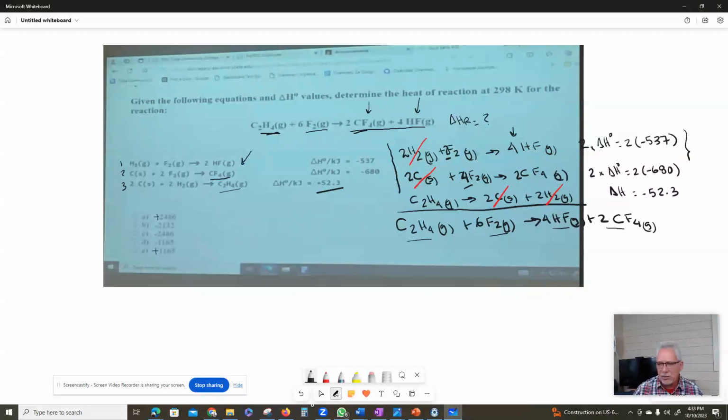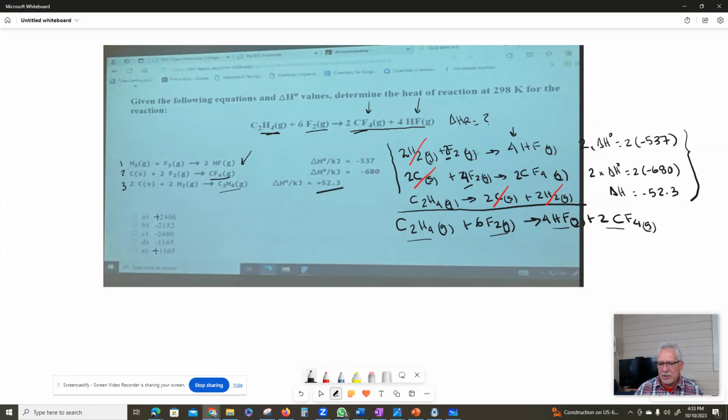Last but not least, we'll be adding all this together. I mean multiplying, and I'm going to use my online calculator for that and see if I can quickly do the calculation. That will be multiplying 2 times negative 537, plus 2 times negative 680, plus negative, well, actually negative 52.3.